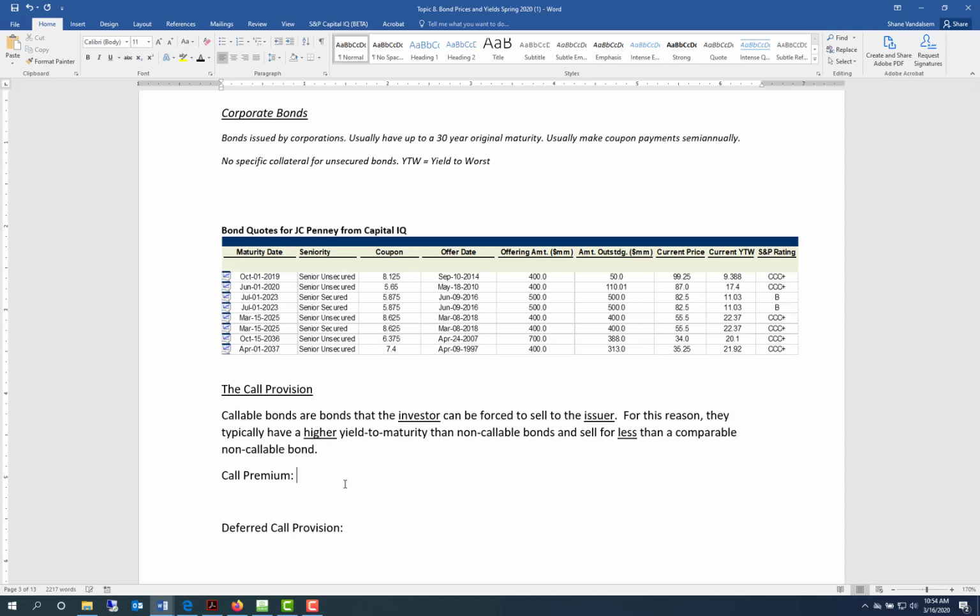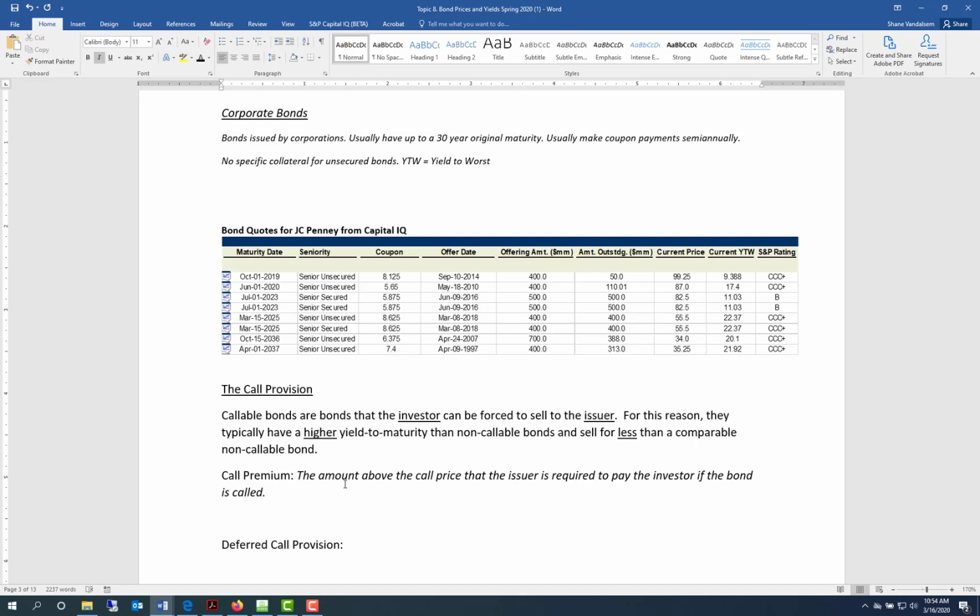So the call premium is the amount above the call price that the issuer is required to pay the investor if the bond is called.